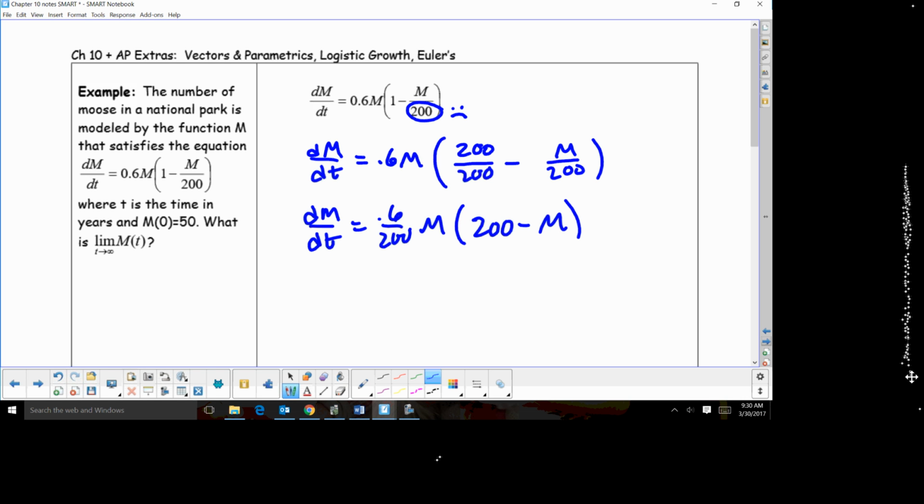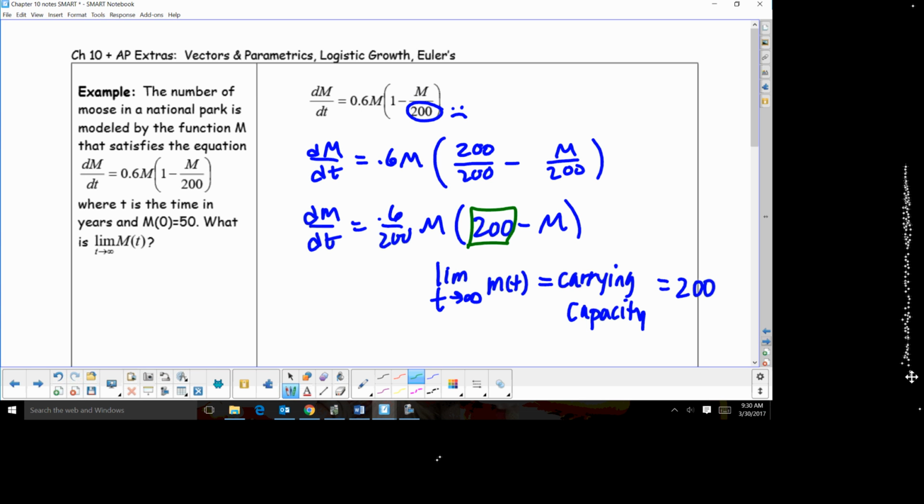So now it's saying, what's the limit as t goes to infinity? 200. Yeah, it's the carrying capacity, which is 200. Okay. 200 doses.